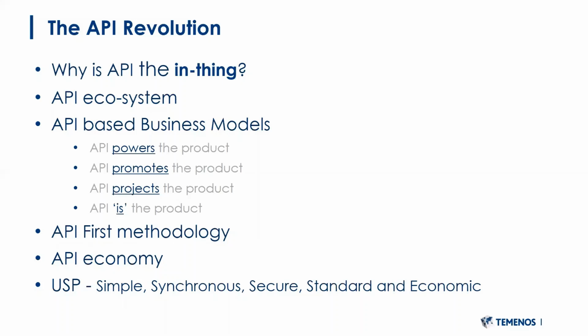So given these models, all businesses are starting to look at everything through an API angle. Be it a change to the existing product or a new product, we are forced to think of a design that is compatible to this ecosystem. And this design thinking, giving highest importance to API, is known as API first methodology.